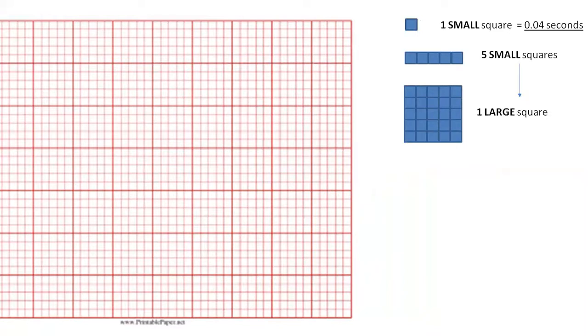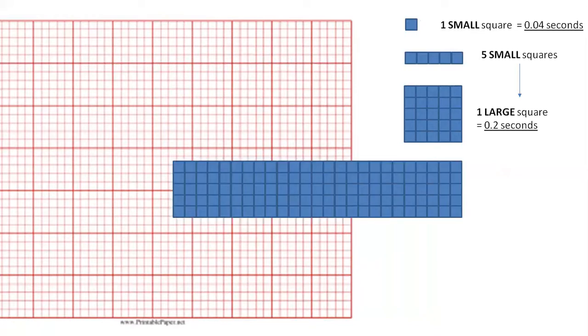So this large square is 5 into 0.04, which is 0.2 seconds. Next, if we take 5 large squares, this equals 1 second. So the number of complexes in 1 second can be multiplied by 60 seconds, and then we can calculate the heart rate. This is one method.